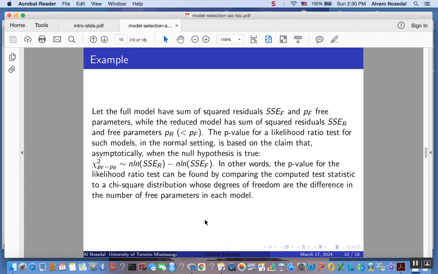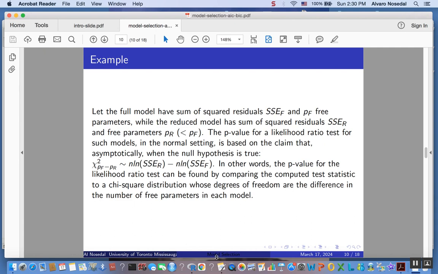Okay, so what we're going to be doing next is finding the sum of squares for these two models that we are comparing. One model where you only have the y-intercept, the other where you have the y-intercept and the slope.